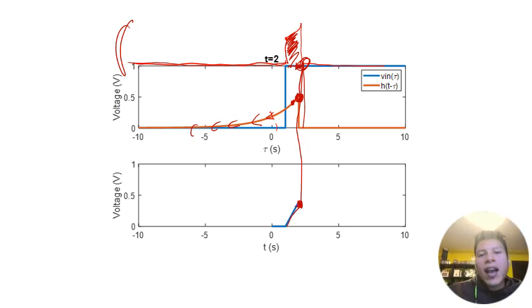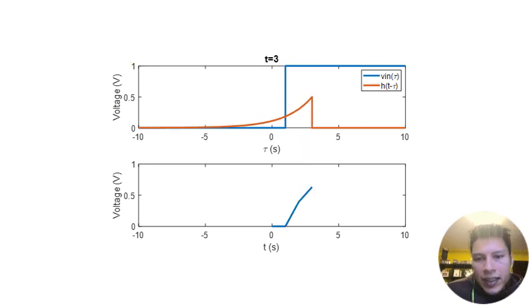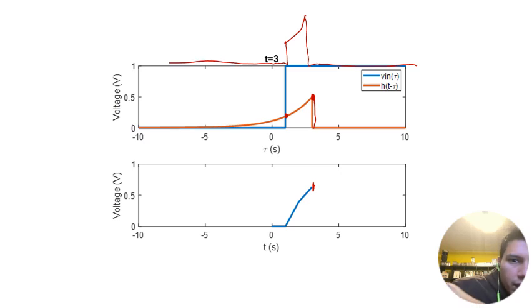Well, if I now want to find the solution a little bit later, so let's say at this time location, I'm going to take the product again of the orange line with the blue line, so I'm going to get something that looks like this. And then it's going to be 0.